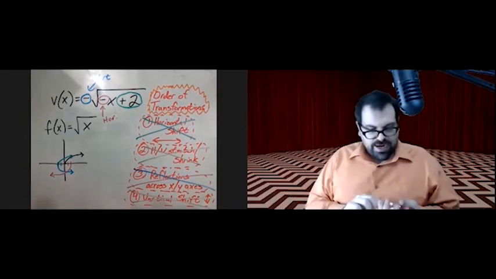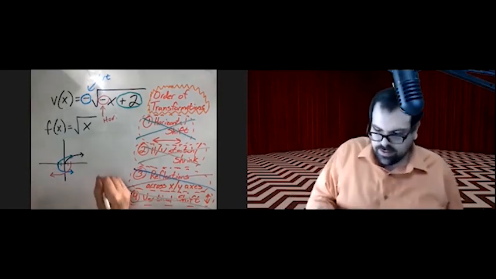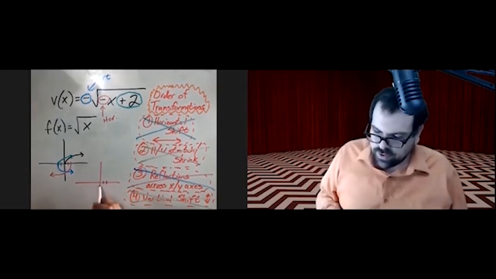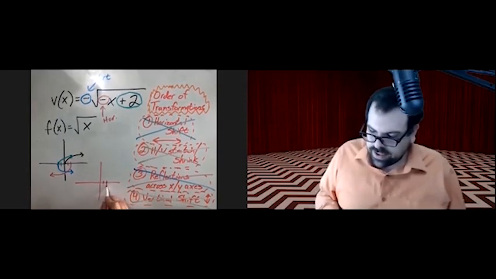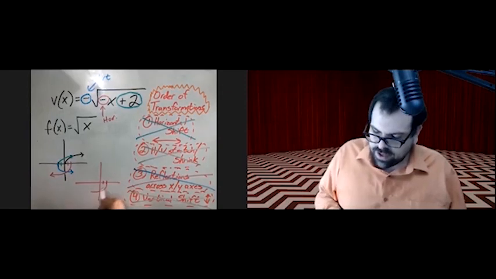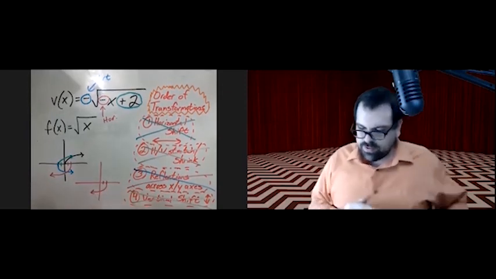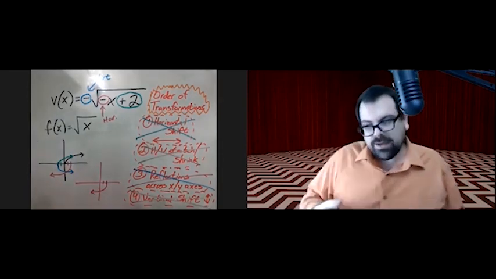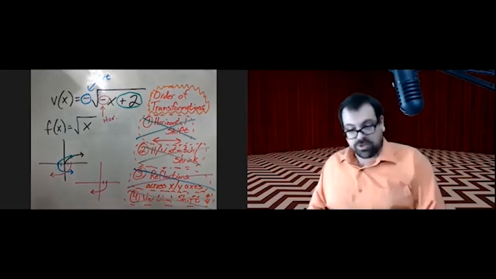So our final graph would be the square root 2 to the right. And instead of going up and right, it ends up down and left. How did we get there? Well, we followed our order of transformations.